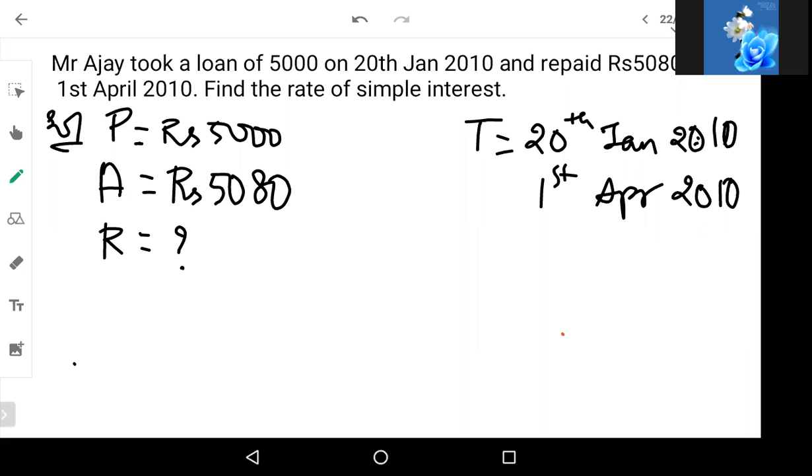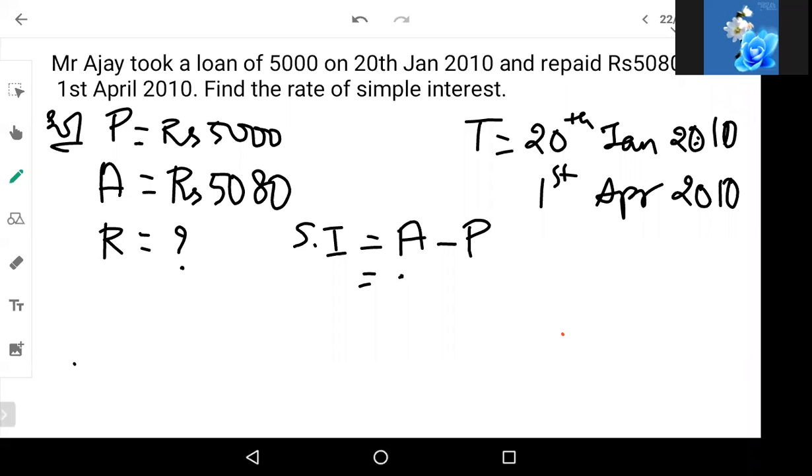Now, whenever you have P and A, that is principal and amount, you will be able to calculate the simple interest amount. Now, how do we do that is, simple interest is equal to amount minus principal.